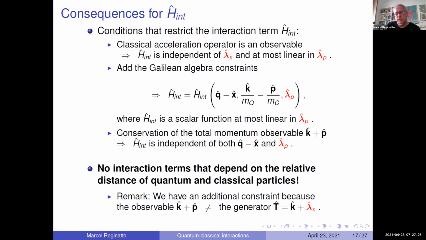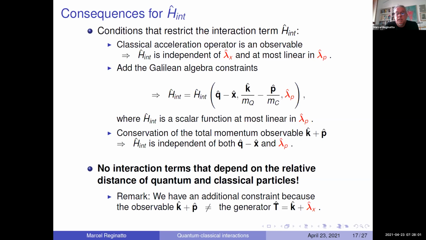But when you look at conservation of total momentum, it really restricts the interaction term to the point that you cannot allow interaction terms that depend on the relative distance of the quantum and classical particles if you want momentum conservation. This is because there's an additional constraint that comes from the fact that the generator is not the same as the observable, because we have this multiplicity of operators and some of them are not observables.